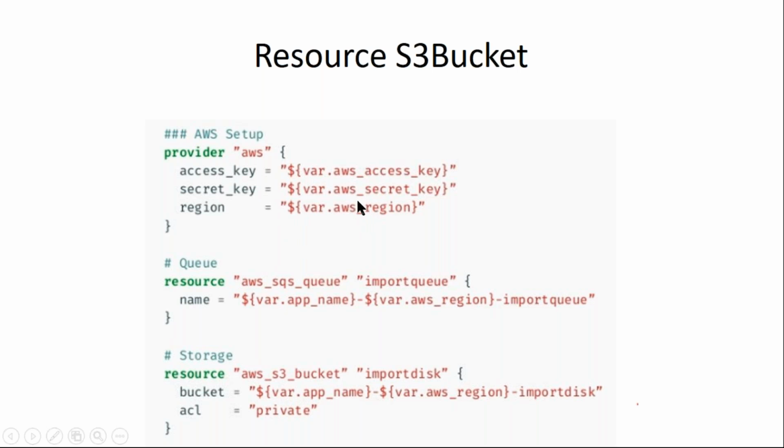All these variables can be used. Here you can see AWS region. That region you have defined here, and we get that value here. And if you look at the app name and other things, you can mention how you want to give access: private access or public access.